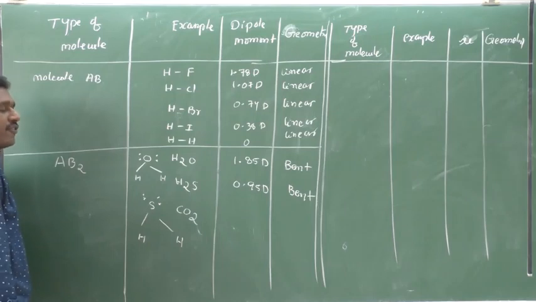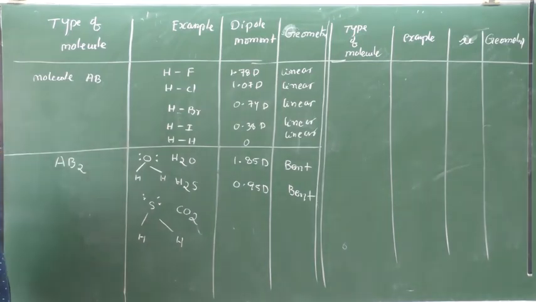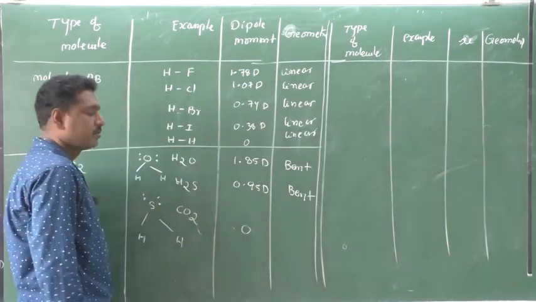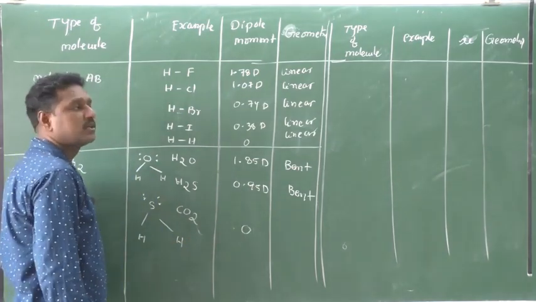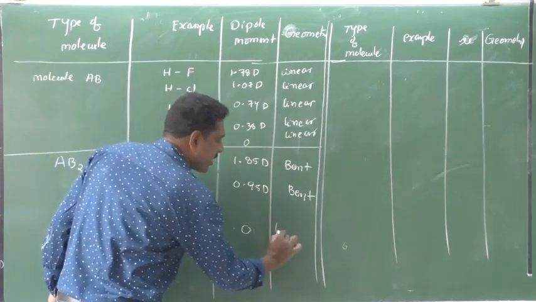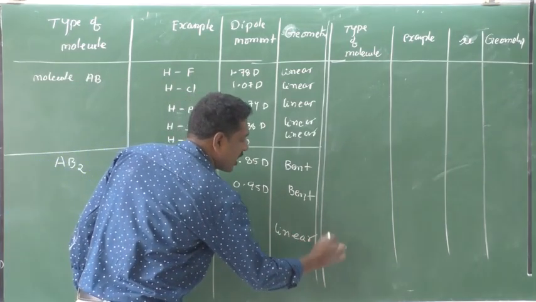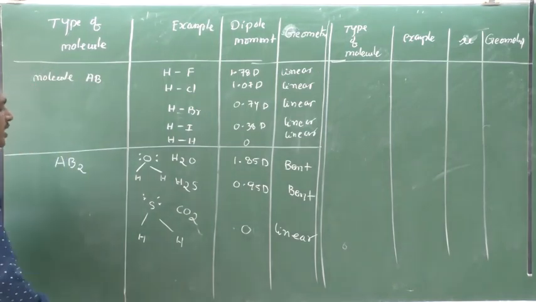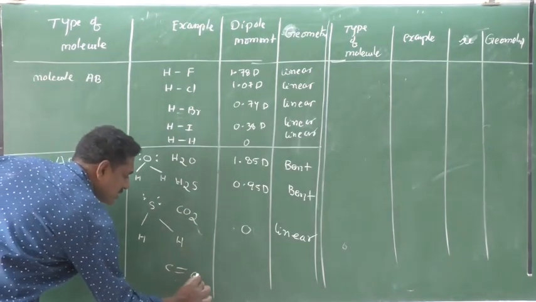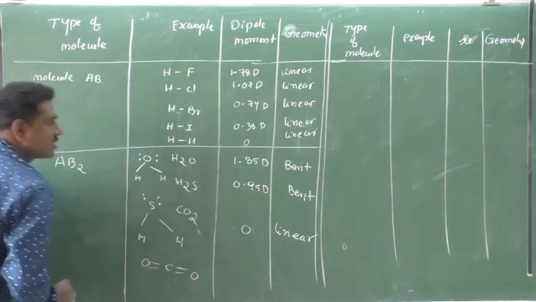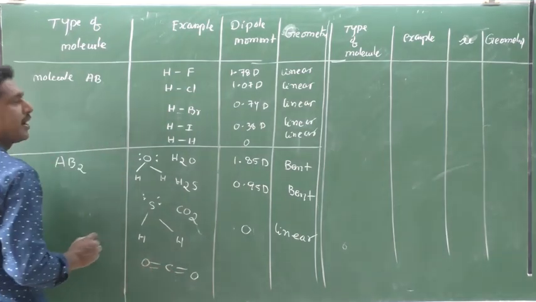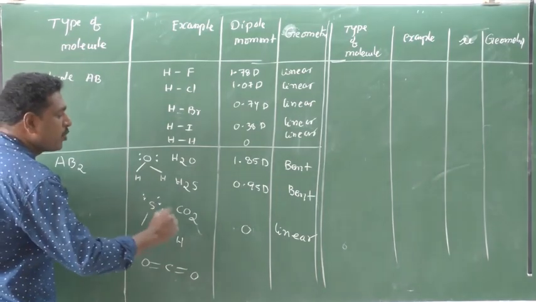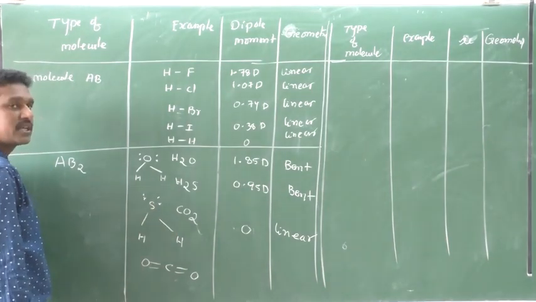But in case of carbon dioxide, mu equal to 0 because it is linear in shape. Dipole moment is a vector quantity. Therefore, the net dipole moment of CO2 is 0.